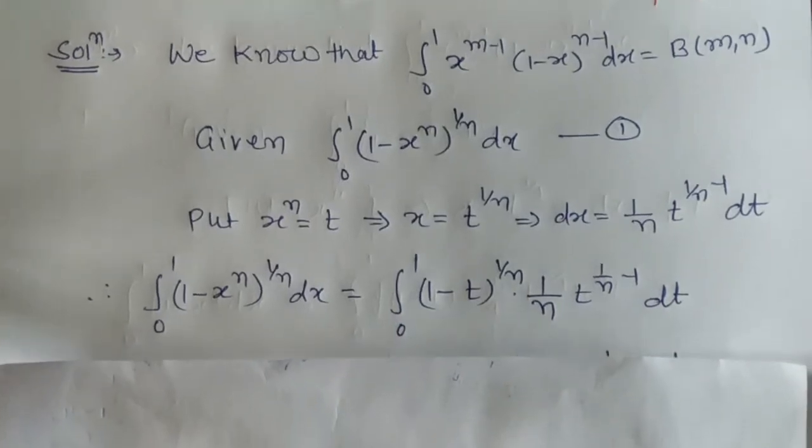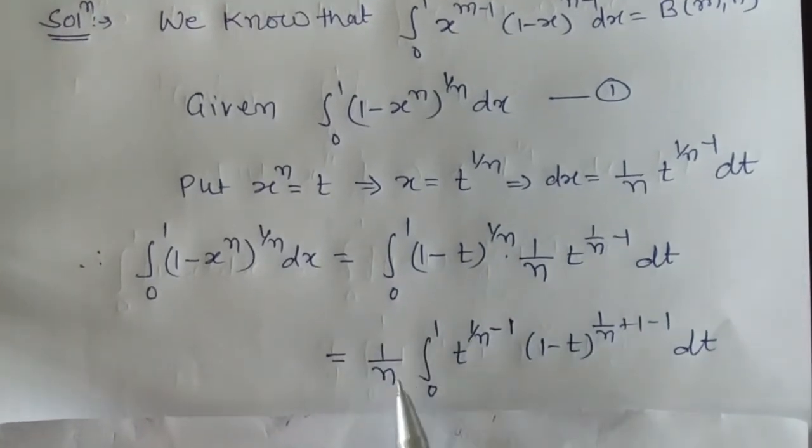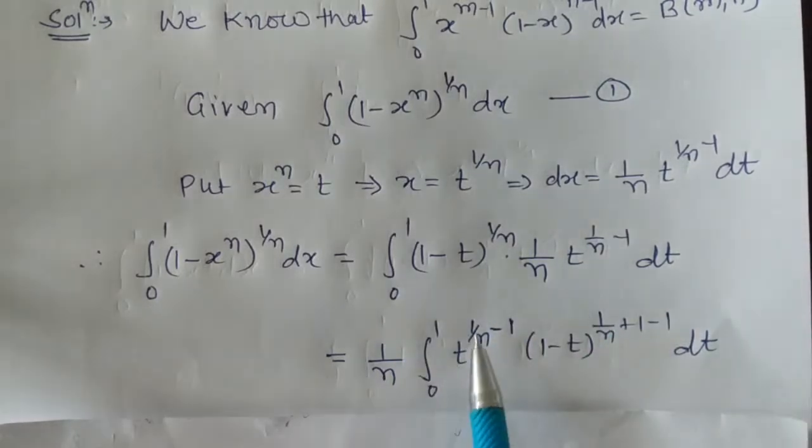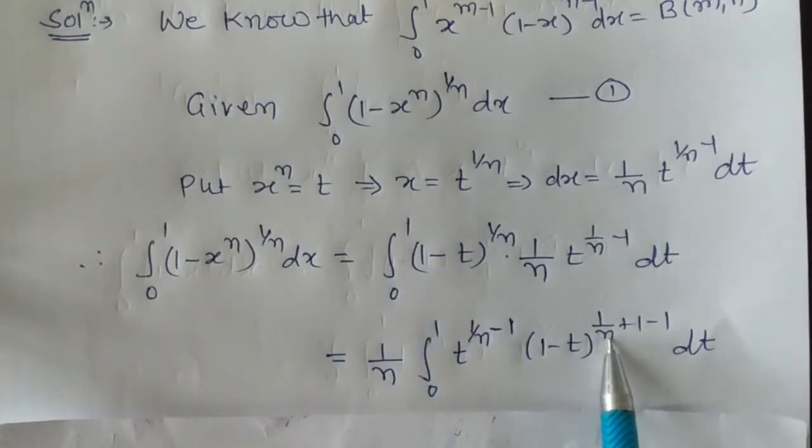Then we have 1/n into the integral from 0 to 1 of t^(1/n minus 1) into (1 minus t) to the power 1/n.